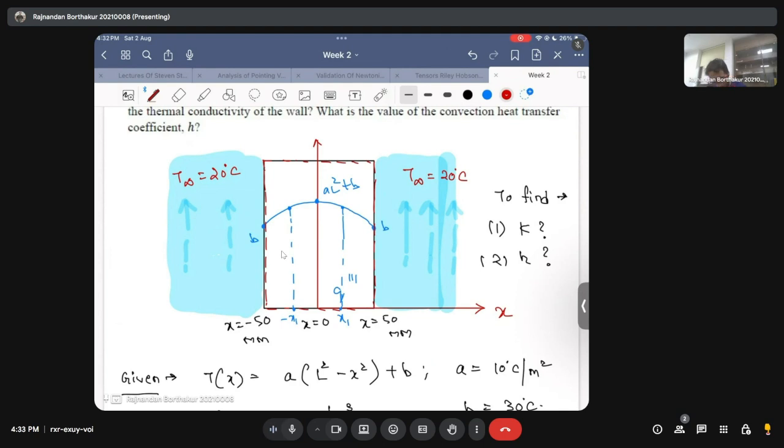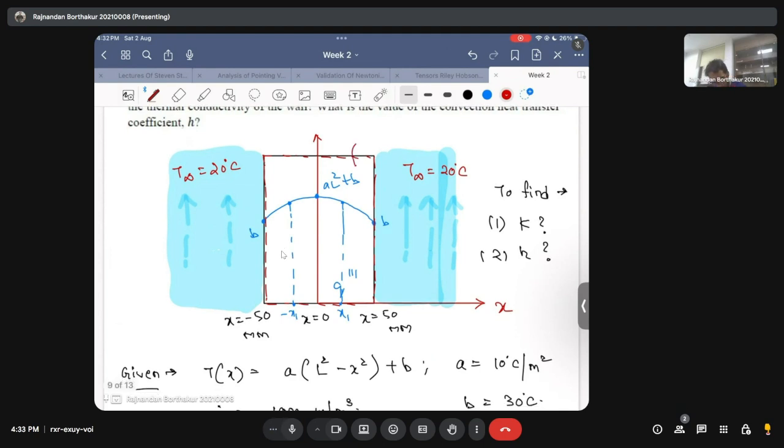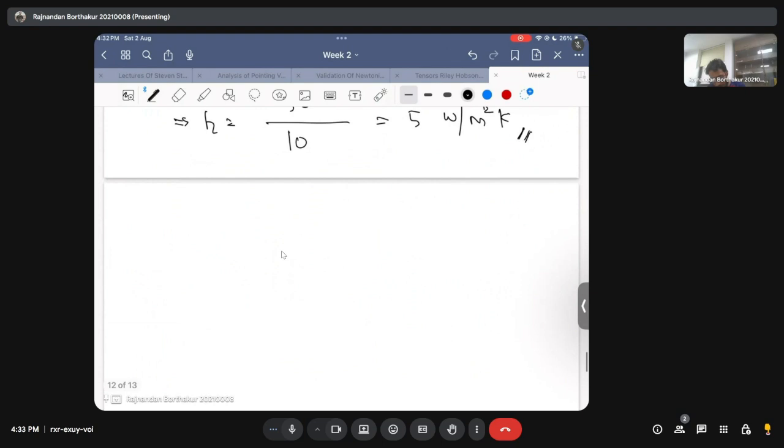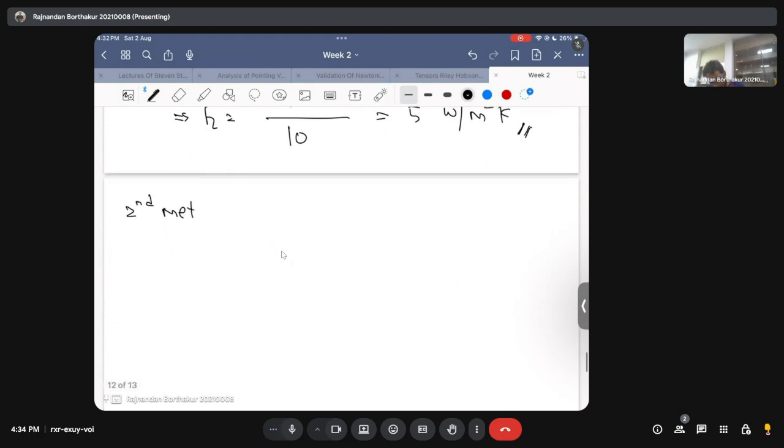And for that, you can consider again a control volume which just encompasses this entire rectangular slab. And what we will now do is apply the energy balance inside this control volume. Okay, so this is the second method, and you can do this at the back of an envelope. So it's just a two-step method.